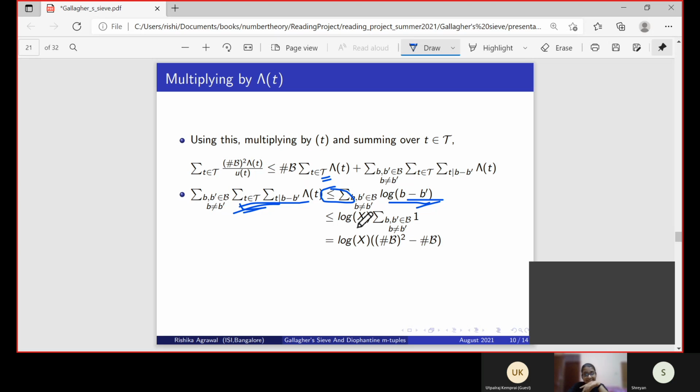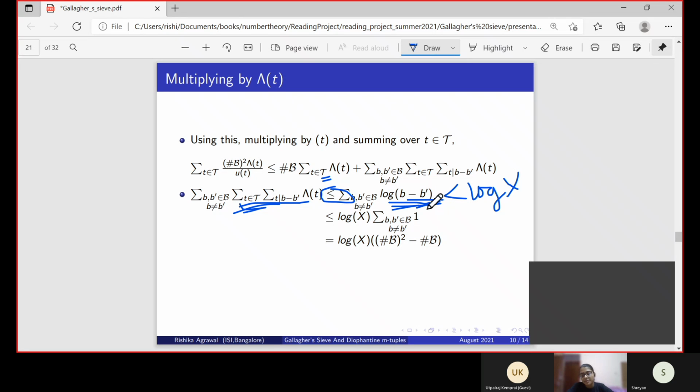Okay, so this is less than or equal to log of x, because x was the greatest term in the set B. So this log of b minus b prime has to be less than log of x.